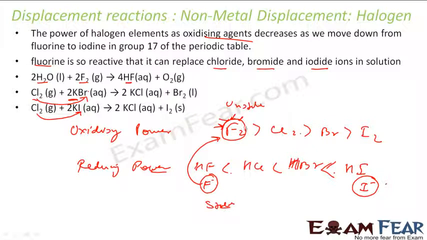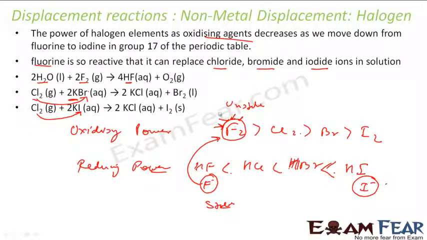So it will not try to go to F2, because if I'm talking about reducing power, it has to get oxidized. That means it has to go to the F2 state, from the minus 1 state to the 0 state. So it has less power to reduce. Similarly, that's why this one has more power.